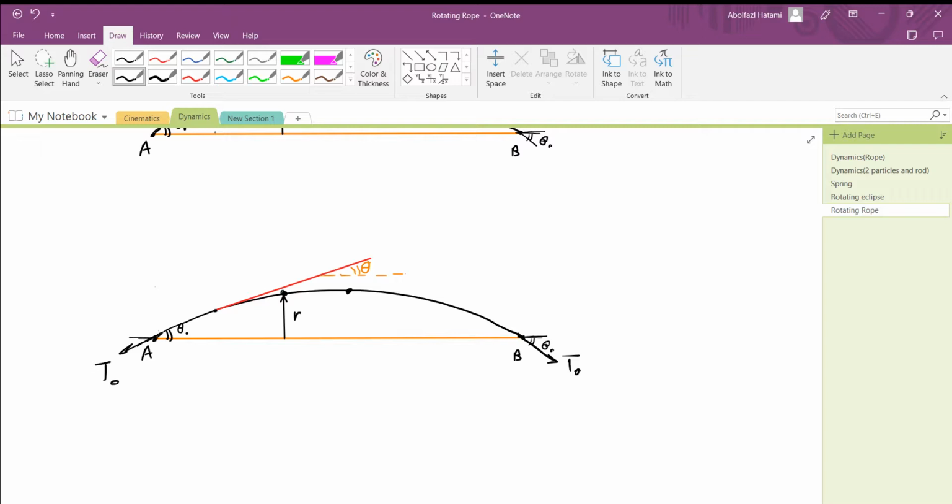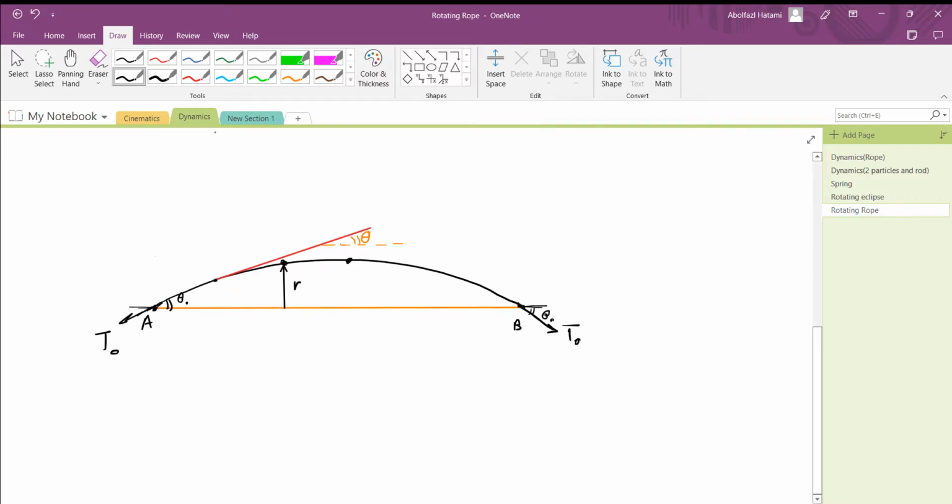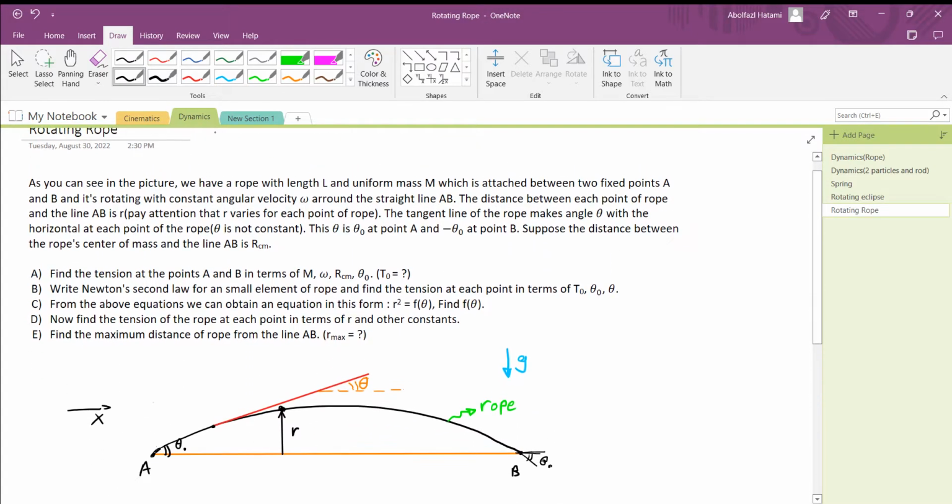From the definition of the center of mass, we can suppose that all external forces are applied at the center of mass.